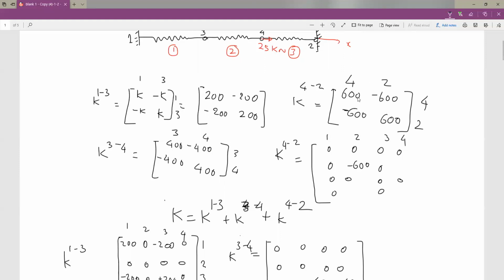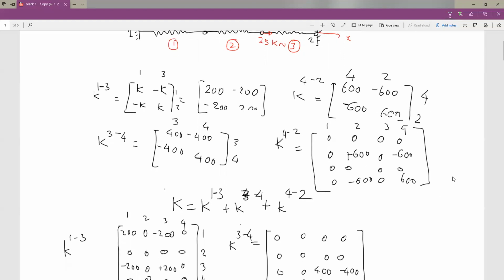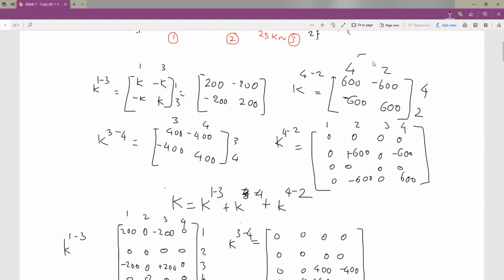At the second position it is 600, then minus 600. I think if you interchange rows and columns, it turns out to be the same. So we write 600, minus 600, minus 600, 600. You can check it yourself, if you want to bring this here and bring this here.